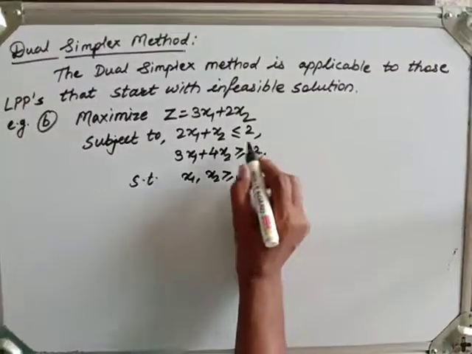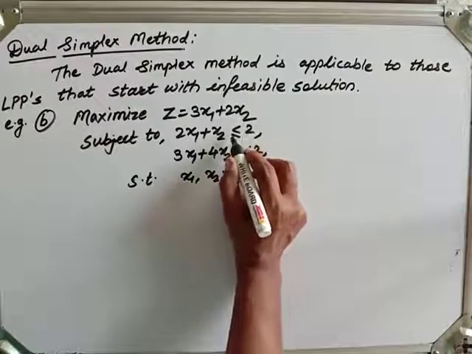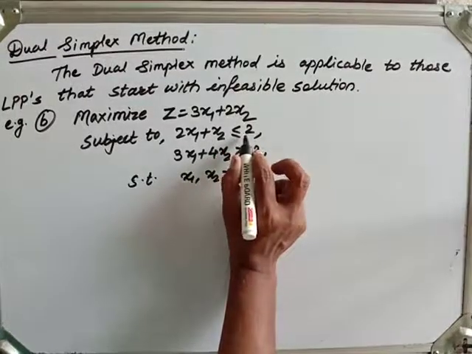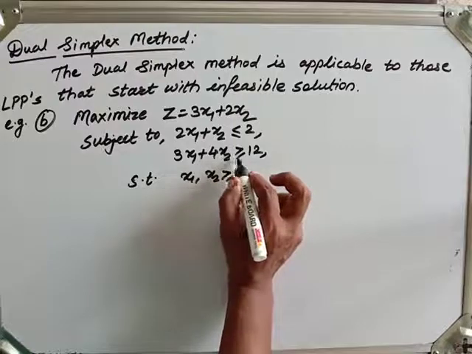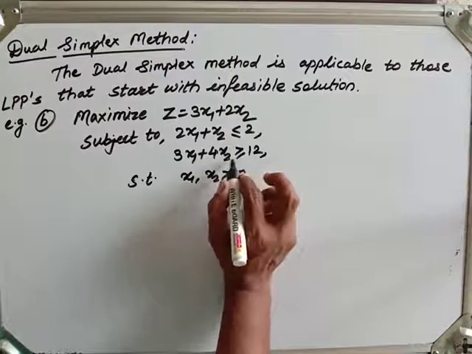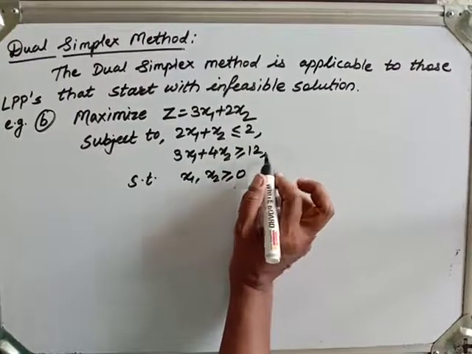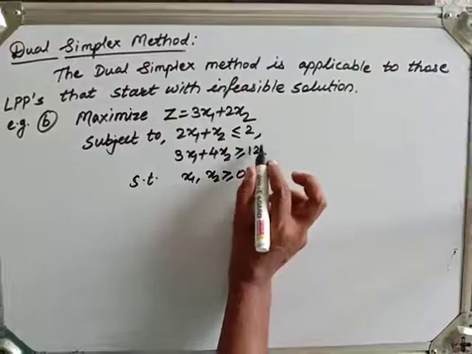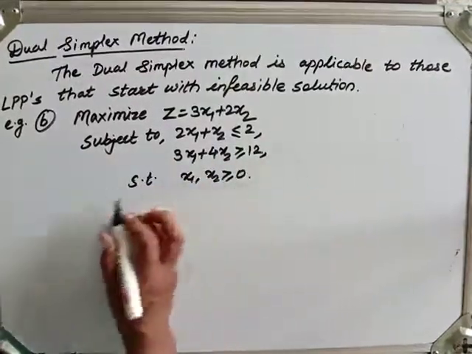Now here what happened? The first constraint is of less equal type, so it needs a slack variable, but the second constraint is of greater equal type, so it needs a surplus variable, and the surplus variable will give us a negative value, meaning it doesn't have a feasible solution.